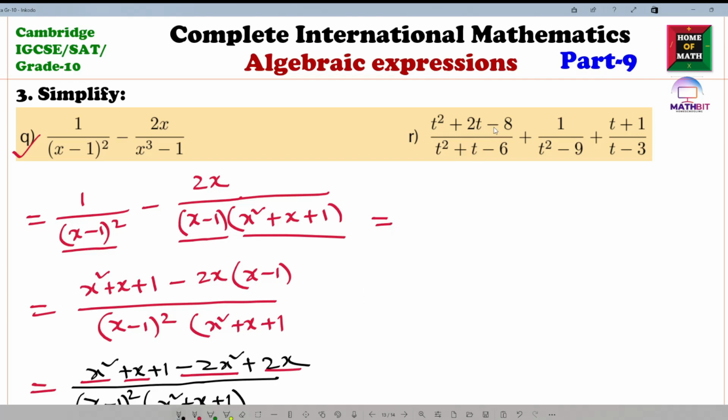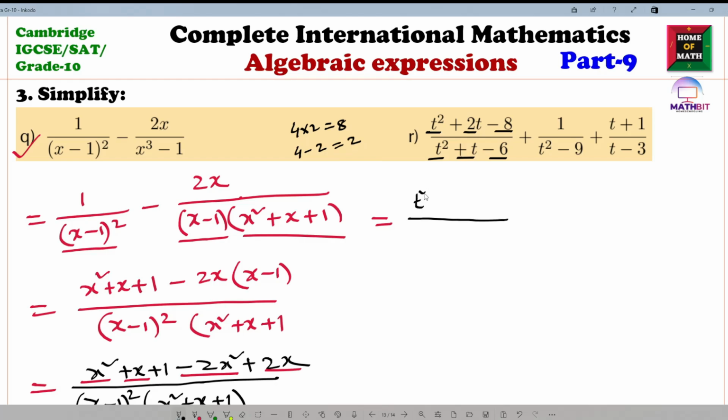Number R, here are 3 fractions. The first fraction is t square plus 2t minus 8 divided by t square plus t minus 6. The second fraction we will add to the first: 1 divided by t square minus 9, and then t plus 1 divided by t minus 3. So we have to do it step by step. For t square plus 2t minus 8, suppose 4 times 2 means 8, and similarly 4 minus 2 means 2.